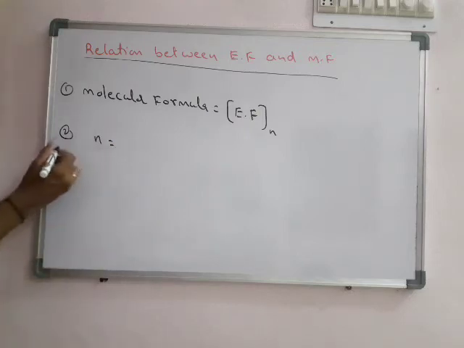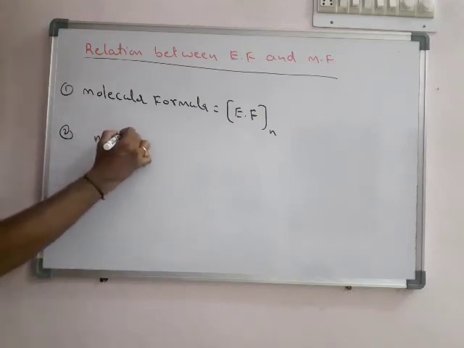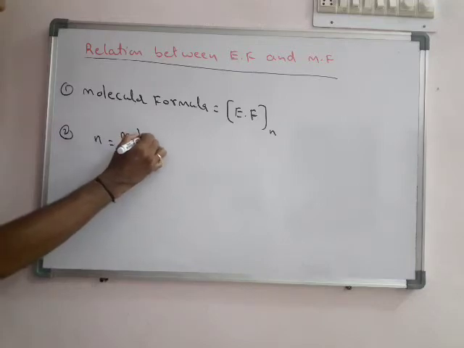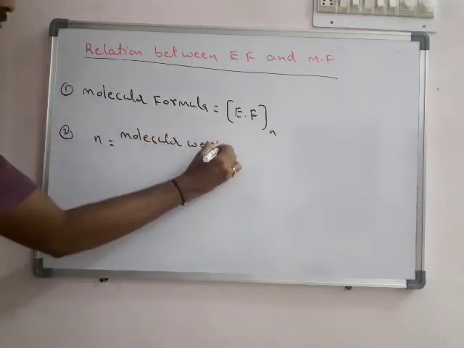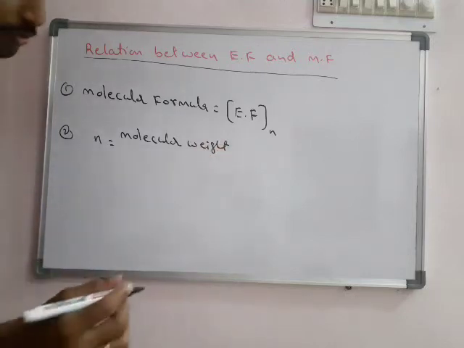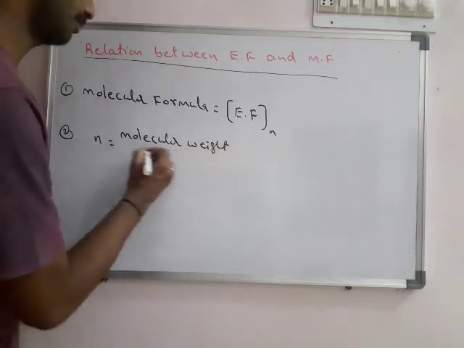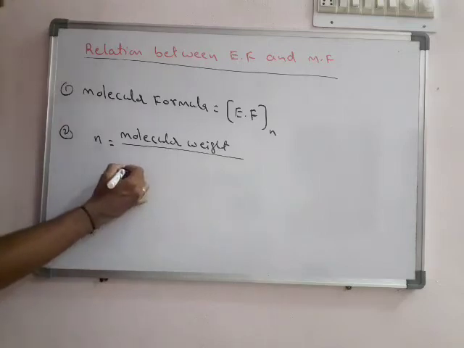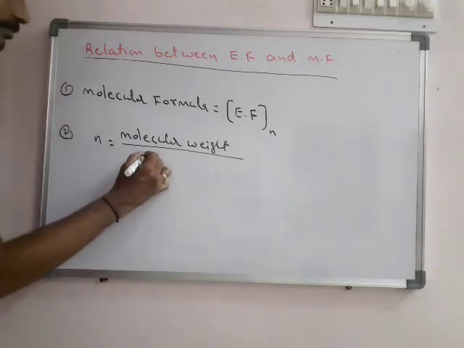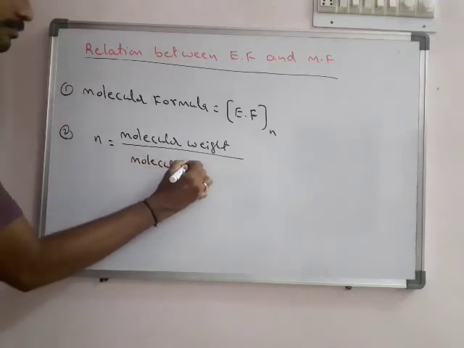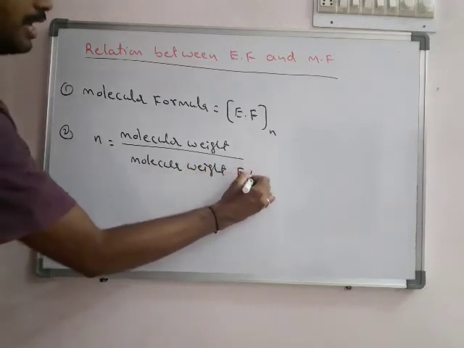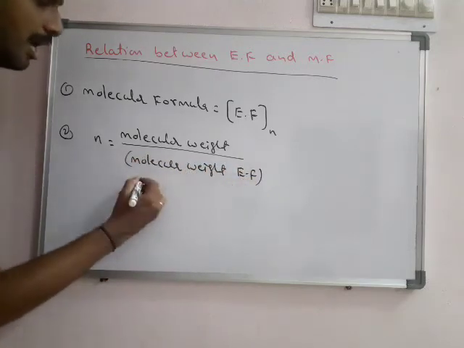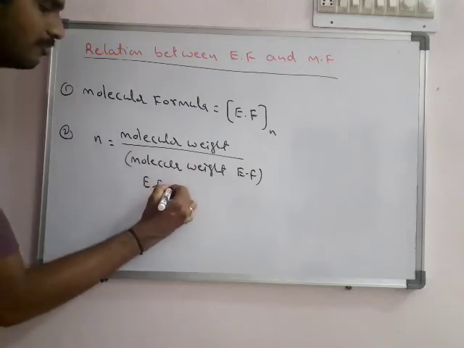So how to calculate n? It is the molecular weight of the substance by the molecular weight of the empirical formula, or it can be treated as the empirical formula weight.